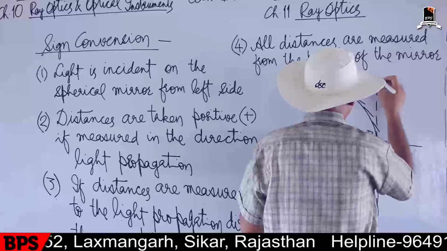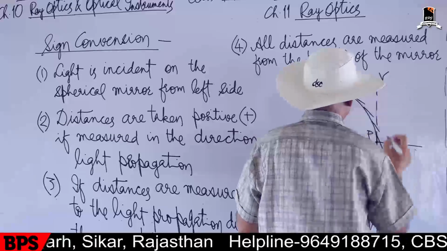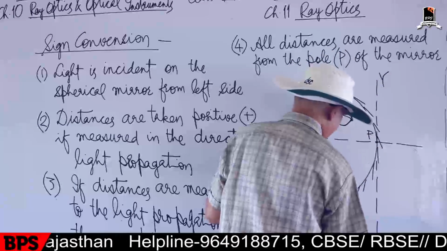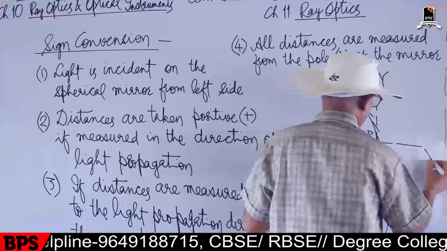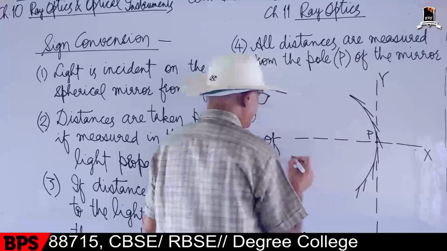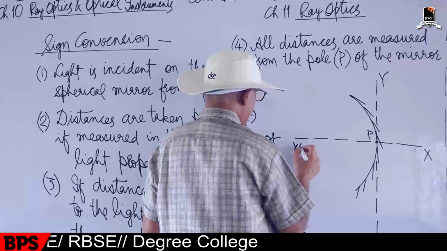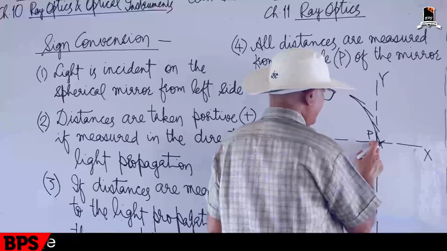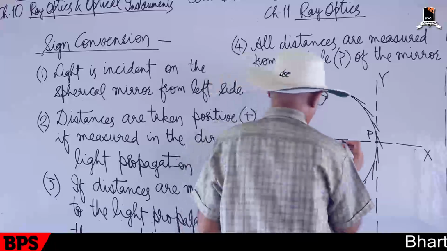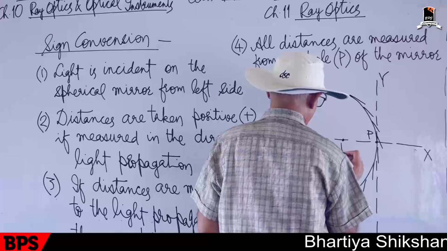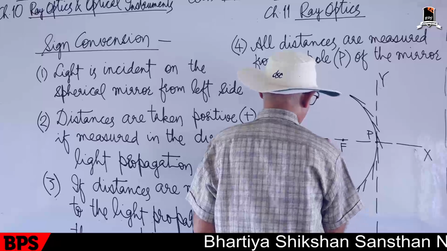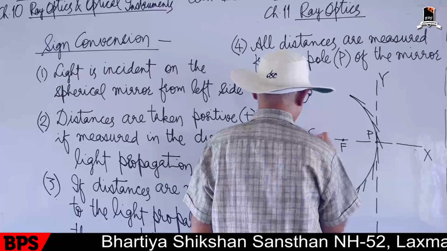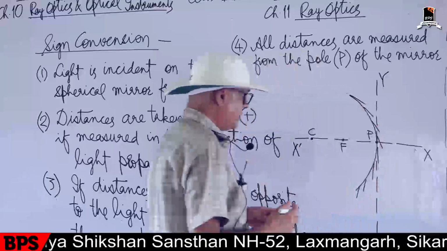This is the positive y-axis, say it y. This is the negative y-axis, say it y dash. This is the positive x-axis, and this is the negative x-axis. This is the pole, that is treated as origin. Say this is the focus of the mirror, F point, and say this is the center of curvature of this concave mirror.